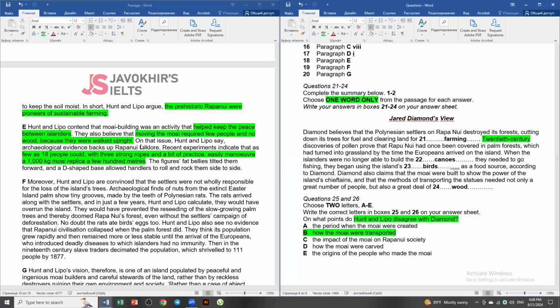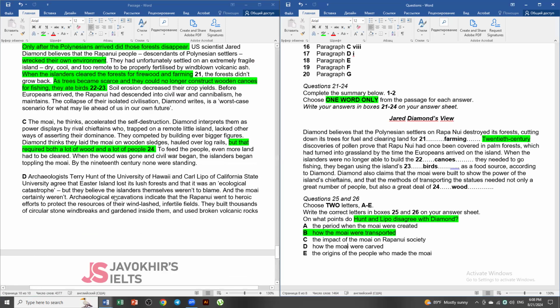So there's helping the peace between the islanders, saying that the impact of the Moai on the Rapa Nui society. Also, I'm not sure. So, what else does it say? To feed the people, even more land had to be created.